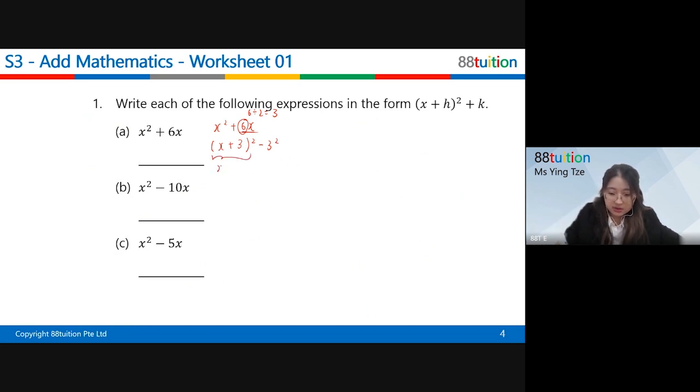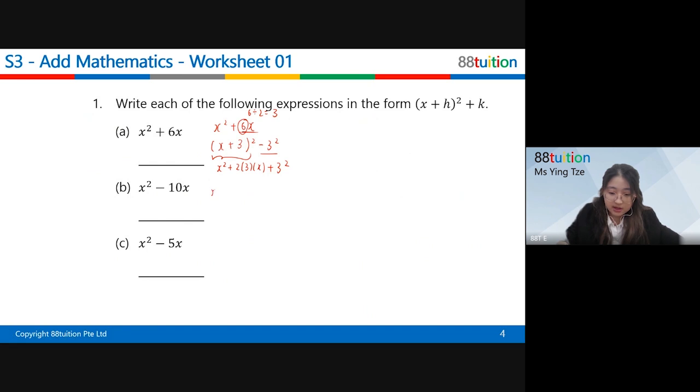Here is x squared plus 2 times 3 times x plus 3 squared. Then after that, I minus off the 3 square. So this one and this one is cancelled off. So we get back the x squared plus 6x only. Right? Okay. So this is the answer.